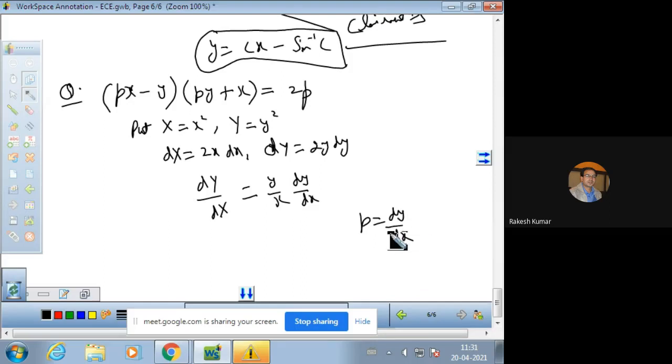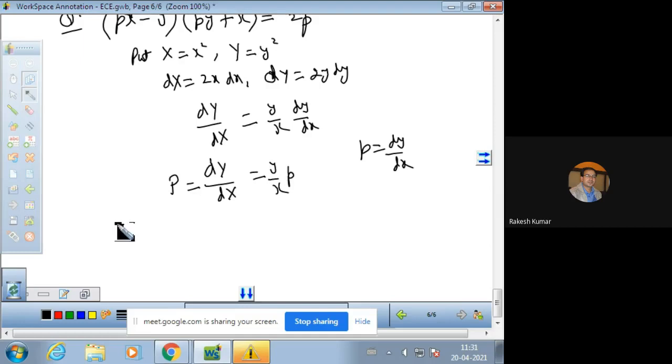dy by dx. So ultimately, d capital Y by dx can be named as capital P. So that is equal to y over x into small p. Its value has been substituted here, and can be written d capital Y by dx is equal to y over x. Now you can solve it a little.